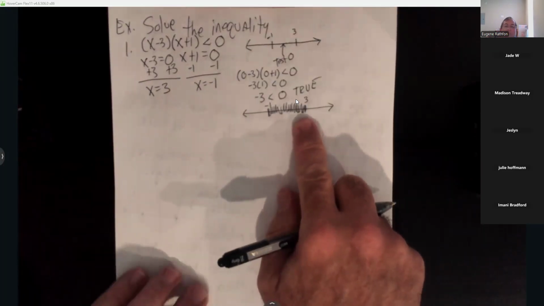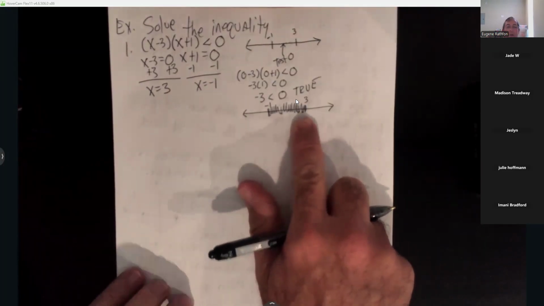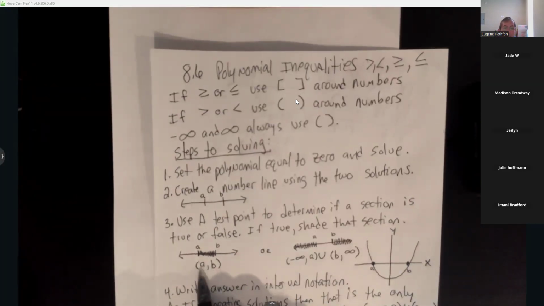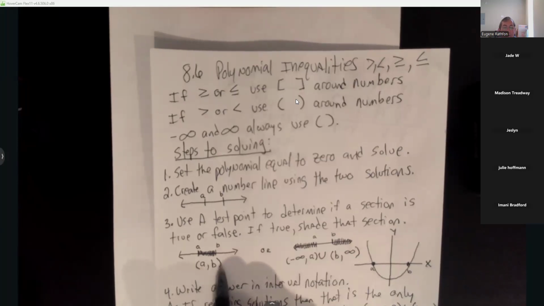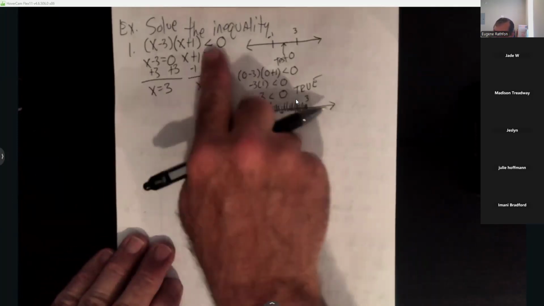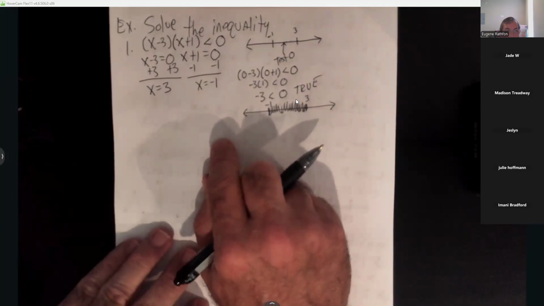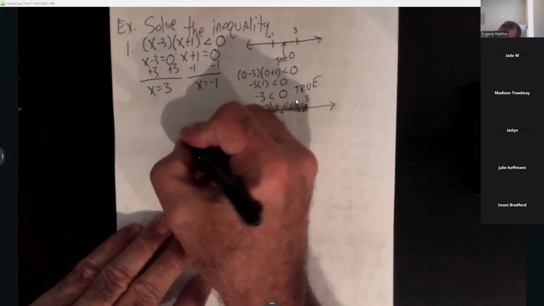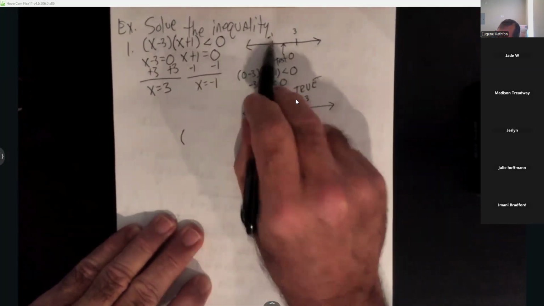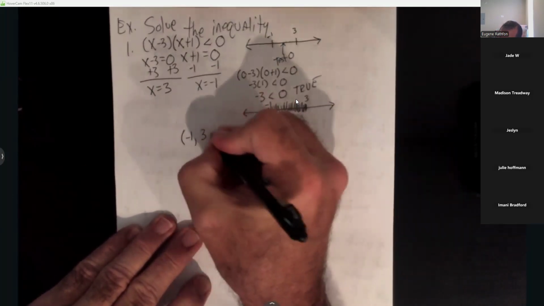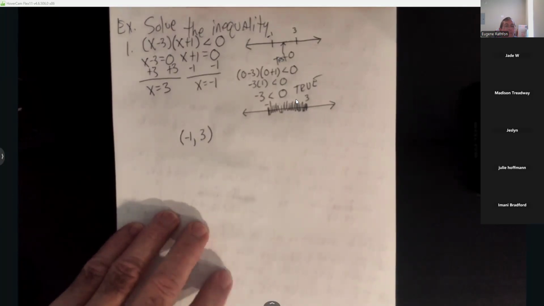Now remember, when we shaded the middle, our answer is only going to look like this. It's going to have the two numbers, and we're either going to have curves or brackets, okay? Well, y'all, we said here, we're less than, we don't have the brackets, so our final answer is going to be parentheses, -1, comma, 3, and then close parentheses.